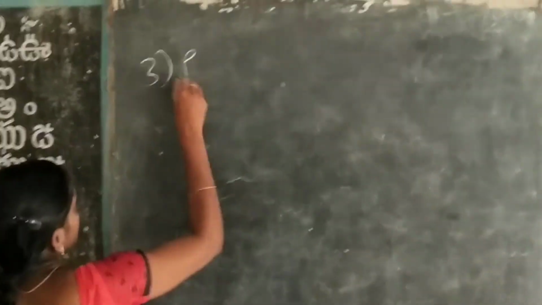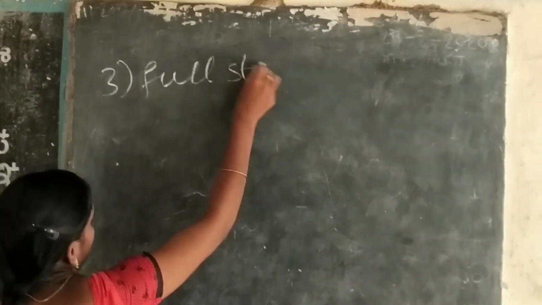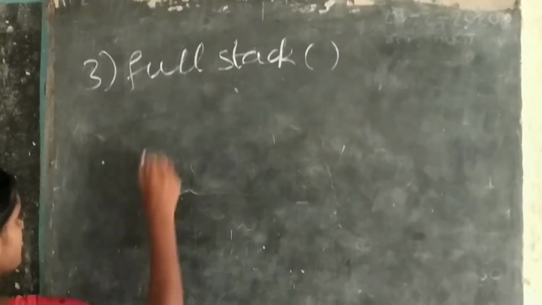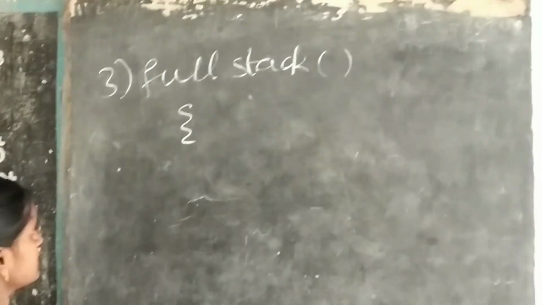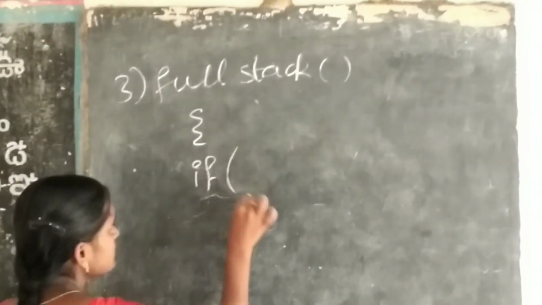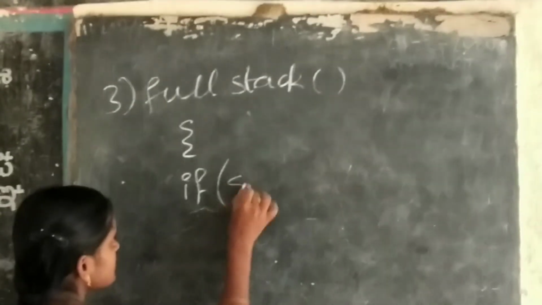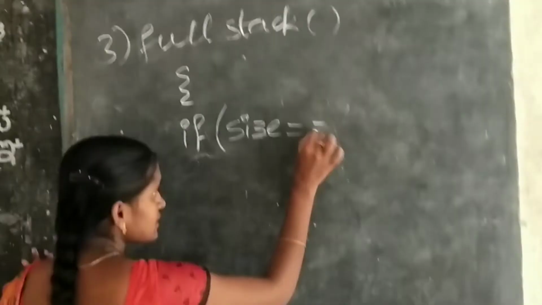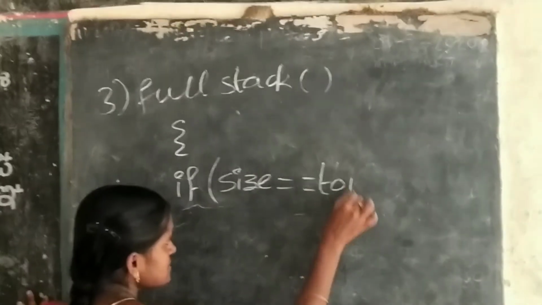Now we consider the logic of the full stack. We take the full stack method. In this full stack method, we also check a condition. In the if condition, we consider the size of the stack equal to top plus 1.